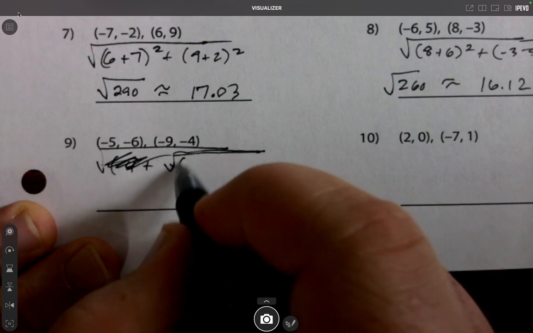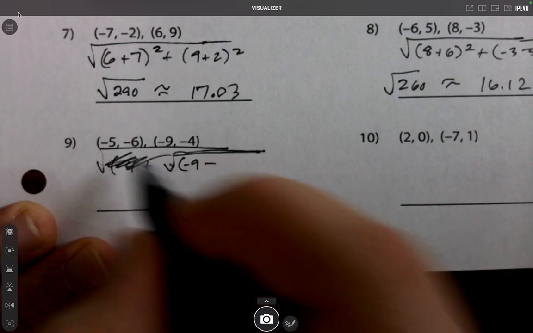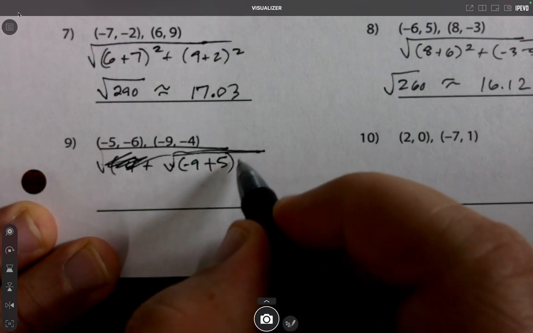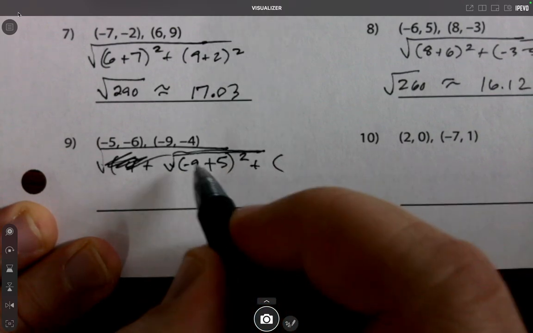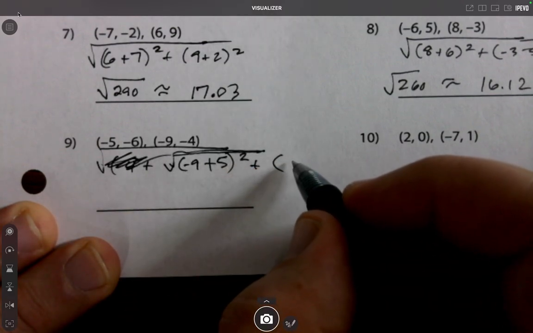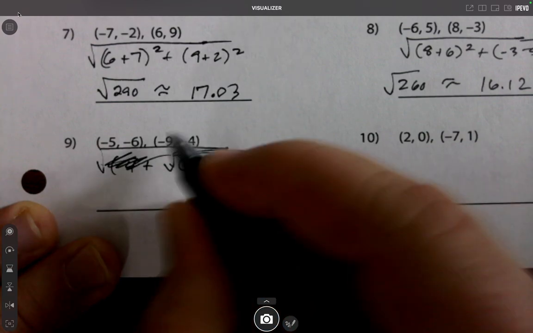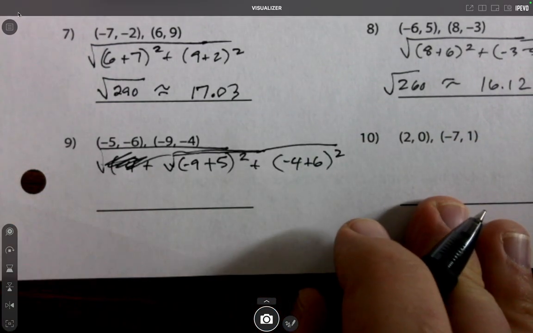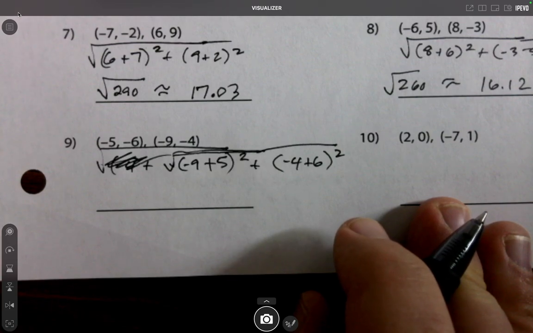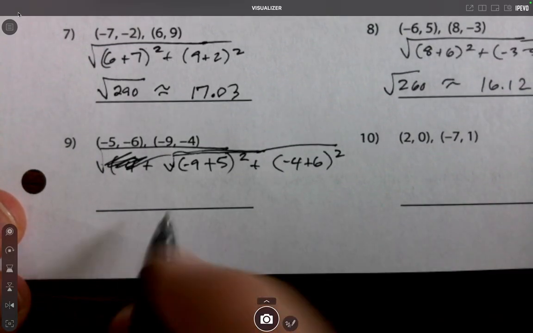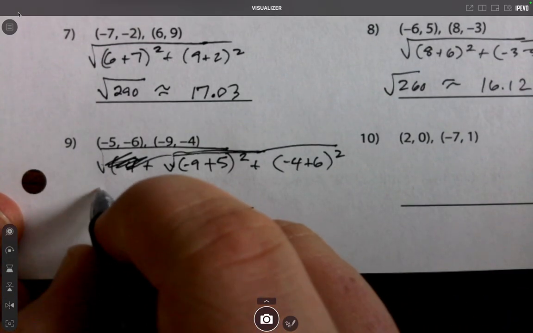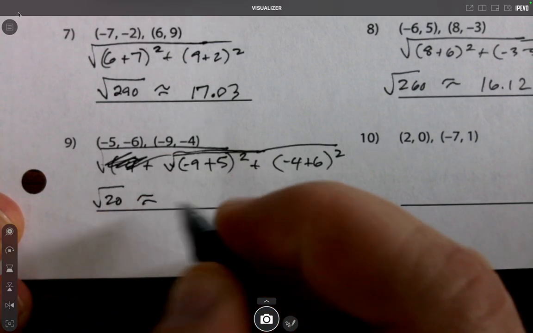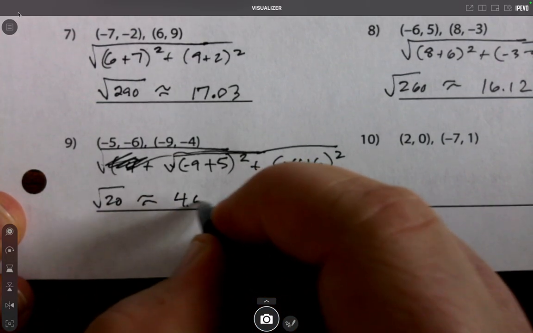So x2 is negative 9 minus x1, so that's negative 5 squared, plus y2 negative 4 minus a negative 6 is plus 6, and we square it. Okay, just making sure I'm on the right track here. Okay, yeah. When you simplify all that, you get the square root of 20, and that is approximately 4.47.